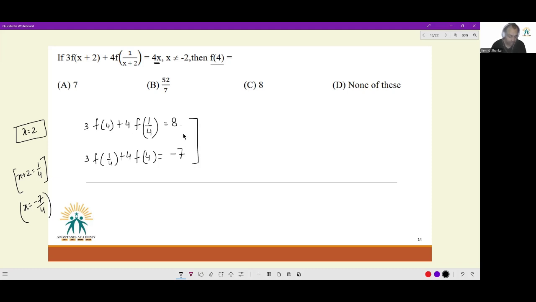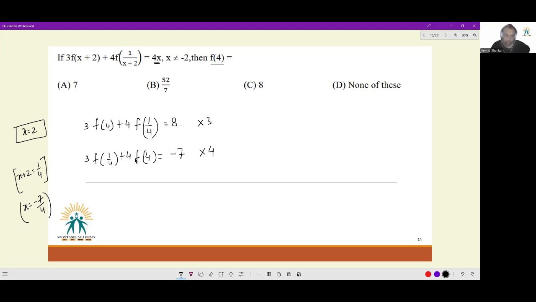With this in mind, then we solve. Now see, because we have to solve it quadratically, I want to get rid of f1 by 4. So this will get multiplied by 3, and this will get multiplied by 4. So I will have 1 by 4 get cancelled. 3 into 3, 4 into 4.